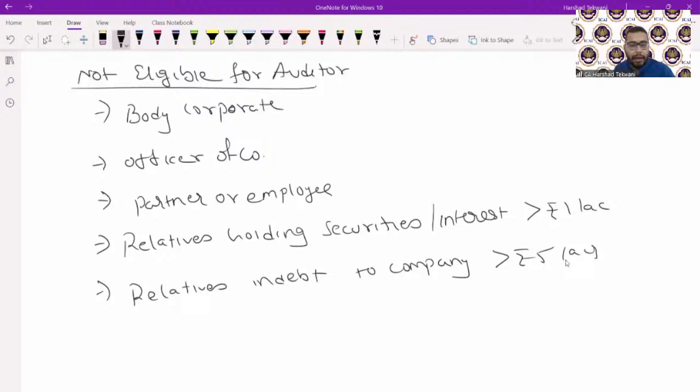Again, third, having given a guarantee in connection to the company or in connection to the indebtedness of a third person with respect to the company, greater than rupees 1 lakh. If these conditions are present, then the person will not be eligible. Remember that.